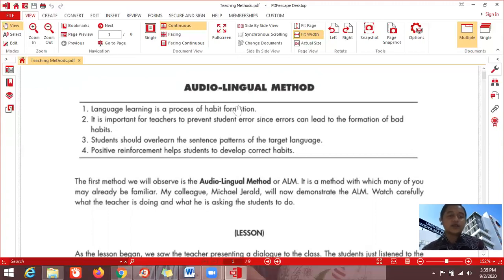It focuses on that. And the second one, it is very important for the teachers to prevent student errors, since errors can lead to the formation of bad habits. It's just like teaching someone a new habit, you know. If you are teaching others about how to play games, for example, you shouldn't do this, you shouldn't do that.